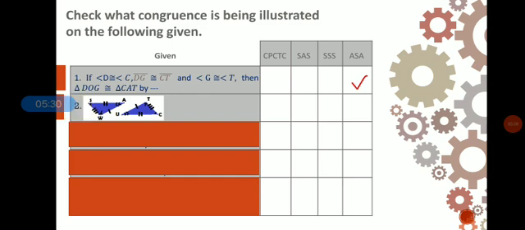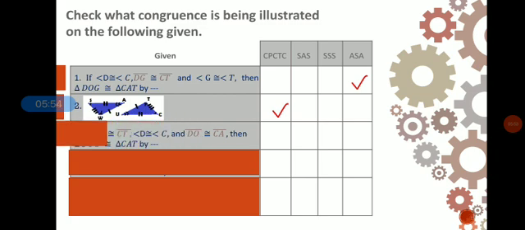So kung makikita nyo, in that two triangles, may marking tayo sa angles, may marking din yung sides. So if the corresponding sides and corresponding angles are congruent, then these two triangles are congruent by CPCTC, which means corresponding parts of congruent triangles are congruent.